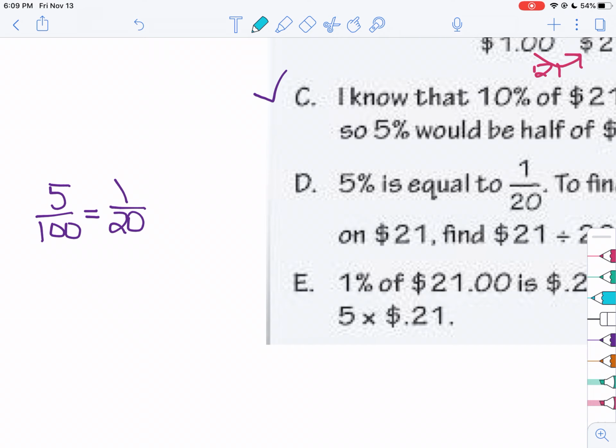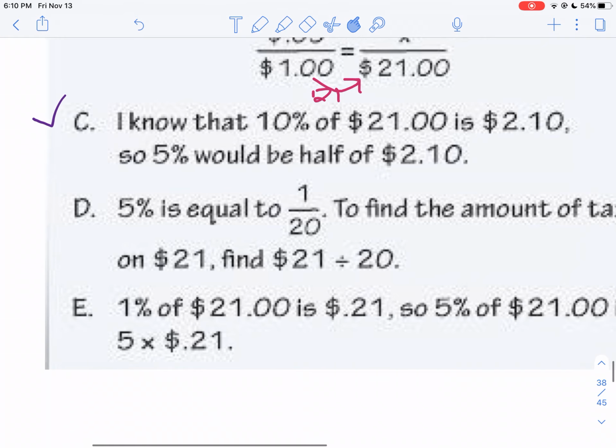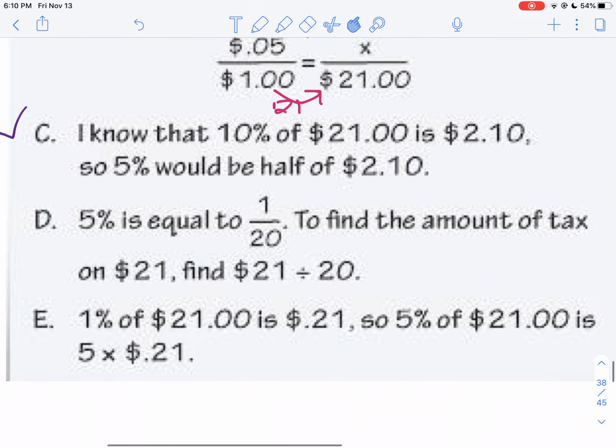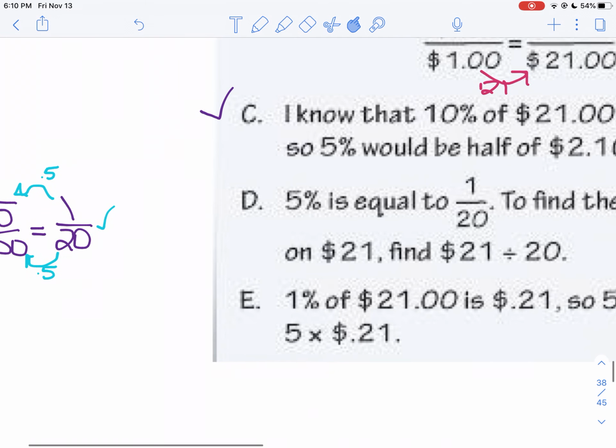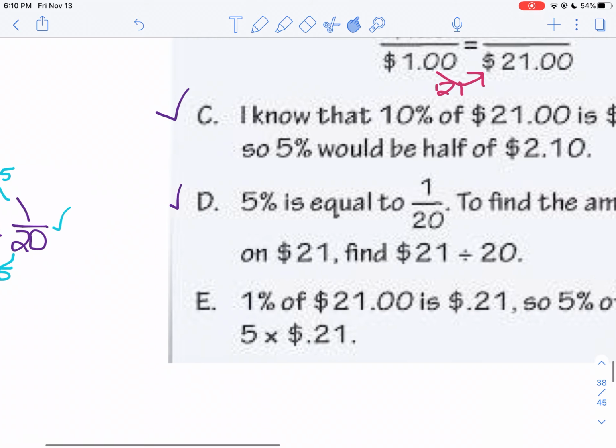So we're asking, is it equal? Well, 20 times 5 gives us 100. So 1 times 5 gives us 5. So yeah, that's equal. So 21 divided by 20 would also work. All right, so option D also works.